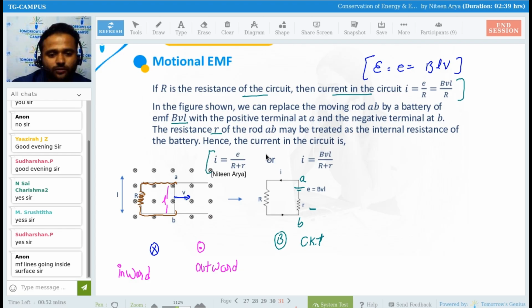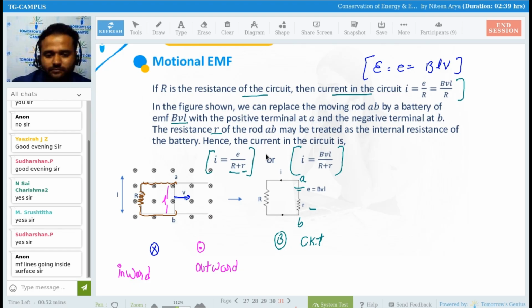So the net current I equals E by R plus r, where capital R is the resistance of the wire and small r is the internal resistance. The EMF is treated as a potential difference, a battery. So this I becomes BLV by R plus r. Is this clear, everyone? This is clear, na?